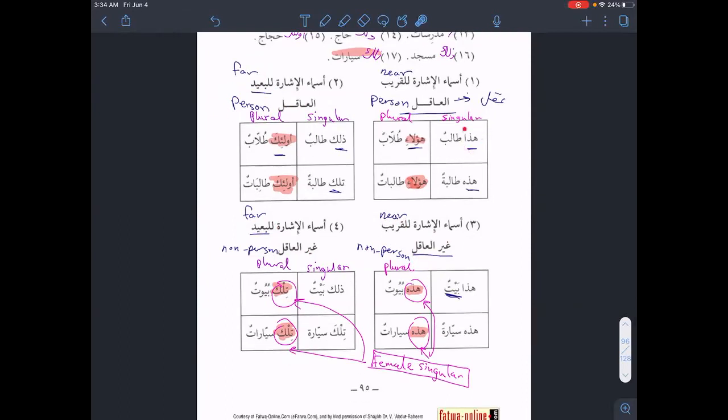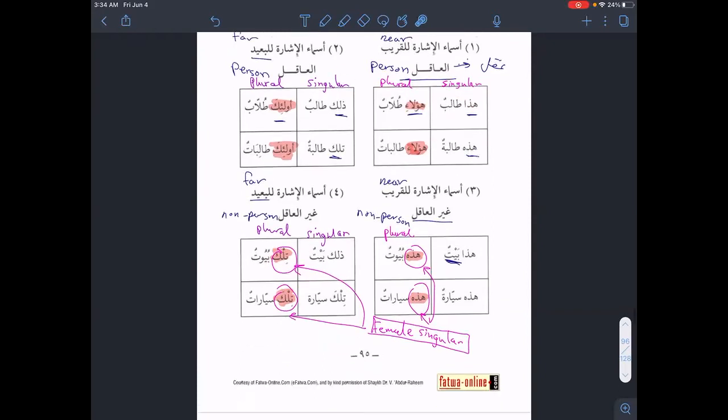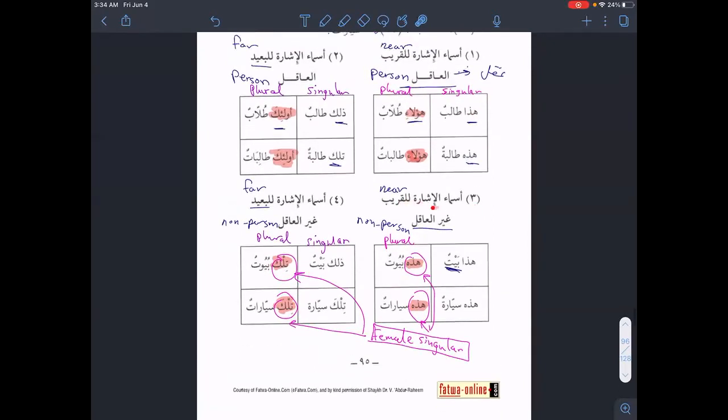So when we use هذا, this pronoun, هذا طالب for near person, هذا becomes هؤلاء if you want the plural form. And هذه becomes هؤلاء. So both هذا and هذه become هؤلاء. But let's go to this one. أسماء الإشارة للقريب غير العاقل.